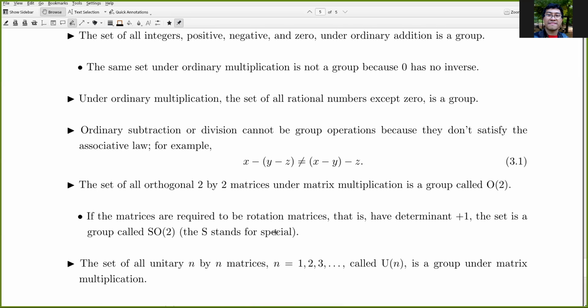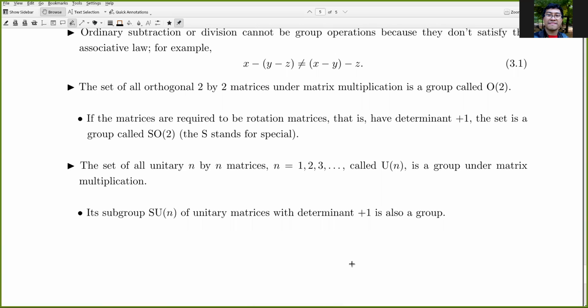S stands for special. The set of all unitary n by n matrices is called UN. It's a group under matrix multiplication. The subgroup SUN, S is again special. If they have determinant +1, it is also a group.